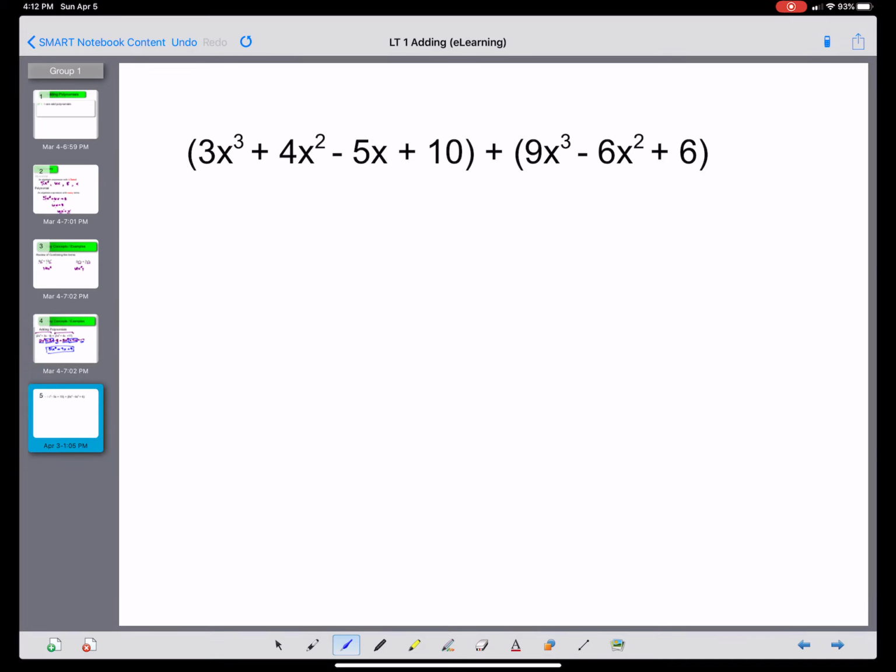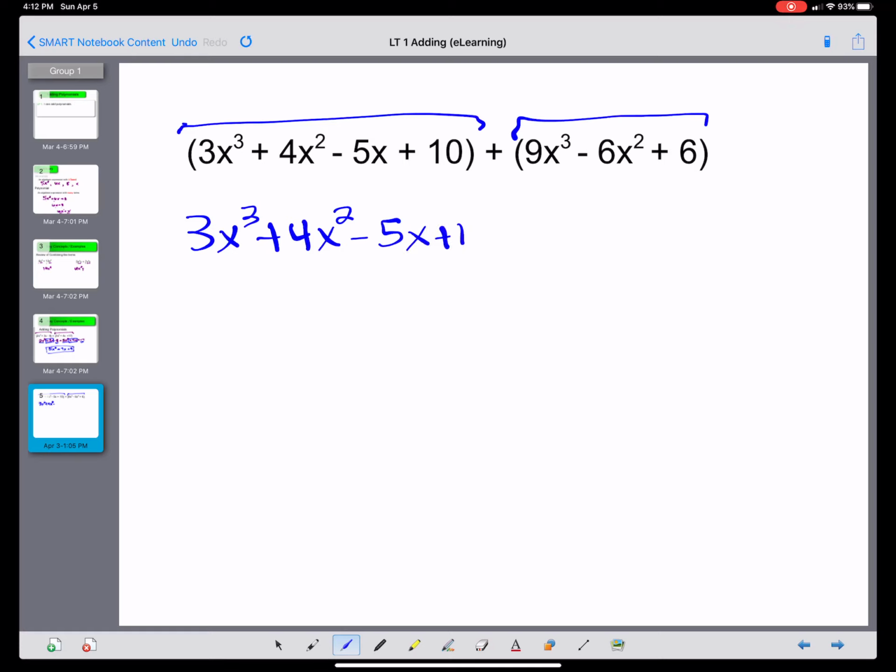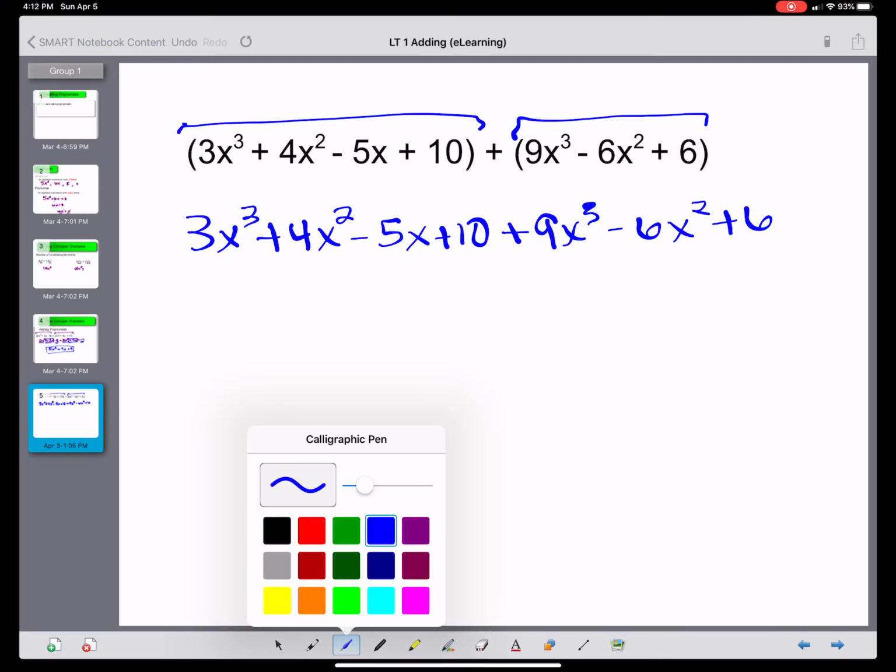You have, again, you have 4 terms here, and you have 3 terms there. We're adding them together. Remember, just take away the parentheses, write down everything. Okay, and then start combining your like terms.